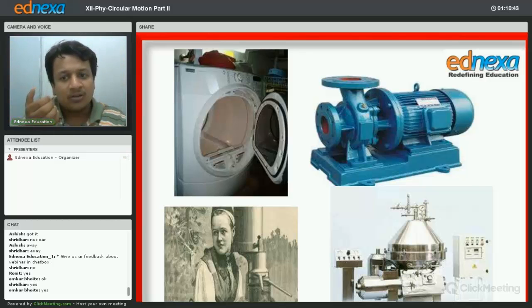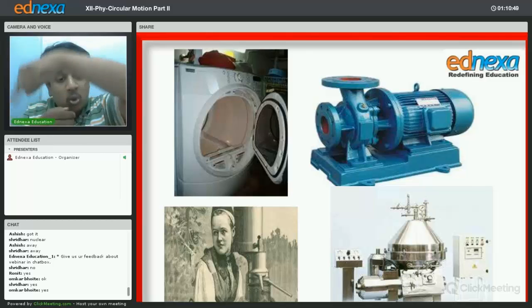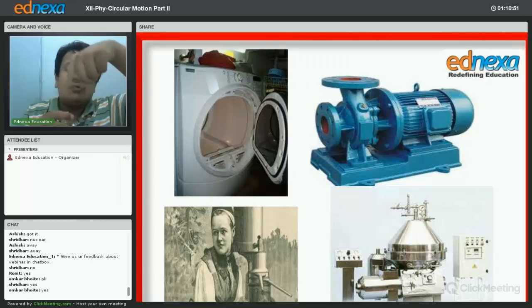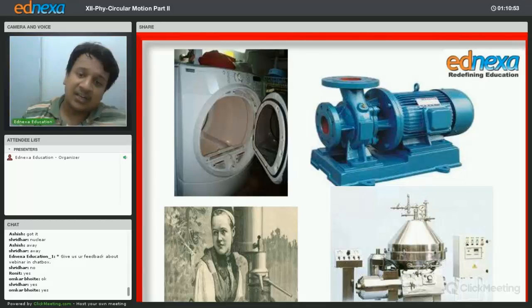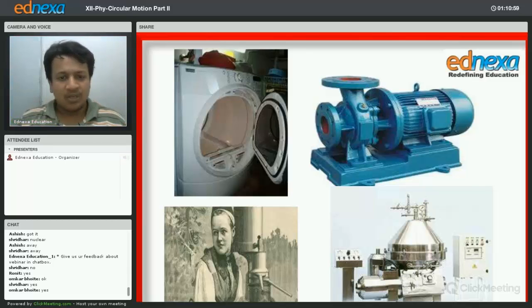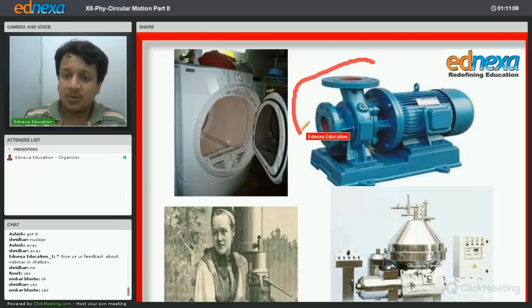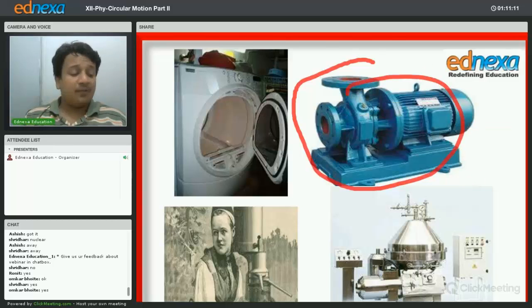Water will come out and move away through those holes present in the walls, and then the water present over there will get drained out. Because of that large centrifugal force, your clothes will become very dry, more than your hand wash. This pump which is present over here is nothing but a centrifugal pump.